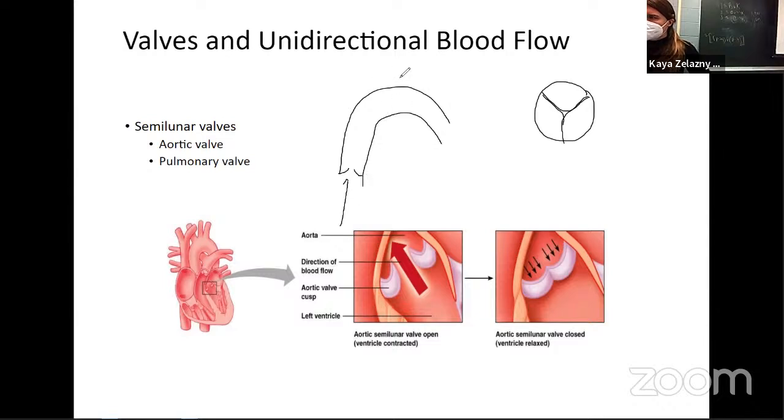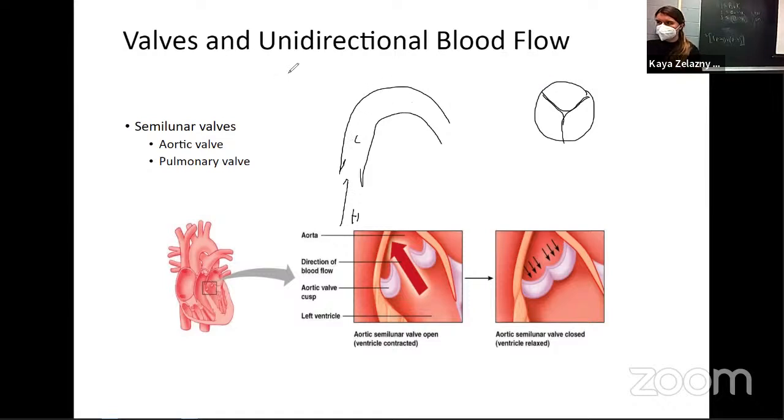And they collapse back against the walls of, in this case, the aorta. So they would just flatten themselves and press against the walls, right? So we have an opening. So we're able to move from this area of high pressure in the ventricle to lower pressure in the aorta here.